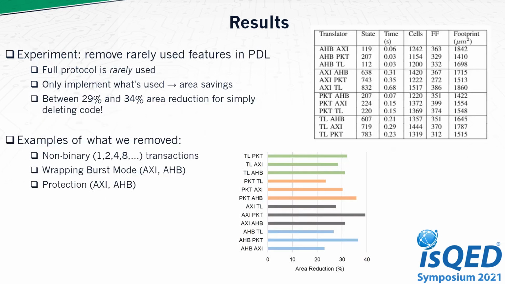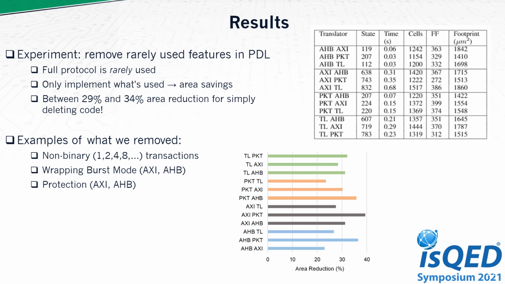One advantage of automating translator generation is the ability to customize what functionality of the protocol your IP uses. This is especially useful when you consider that most features in a large, complex protocol are rarely used. So as an experiment, we remove rarely used features in the PDL code for all the translators and rerun the flow. Some examples of what we removed are non-binary burst transactions, the wrapping burst mode available in AHB and AXI, and write protection bits.